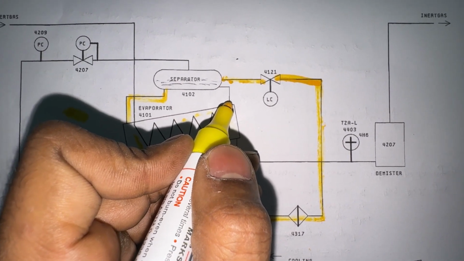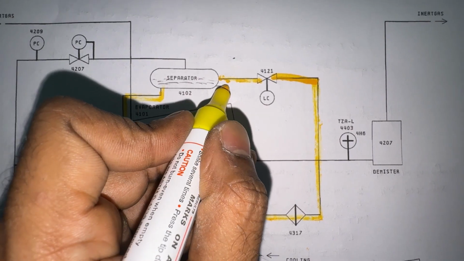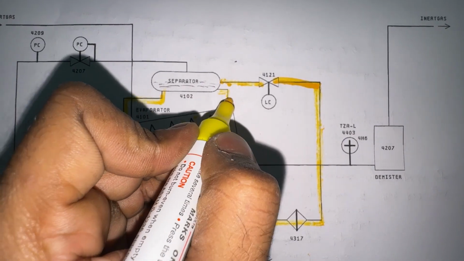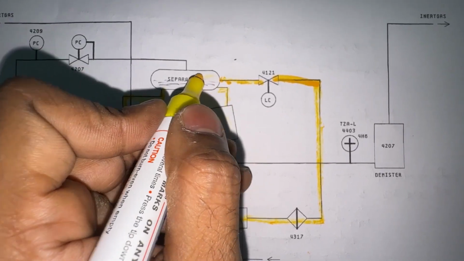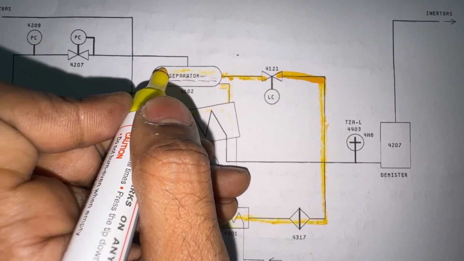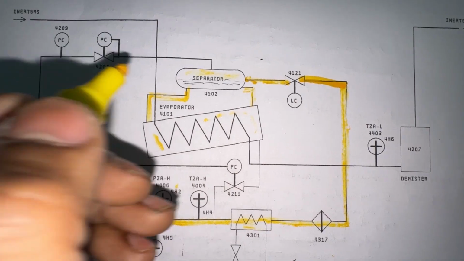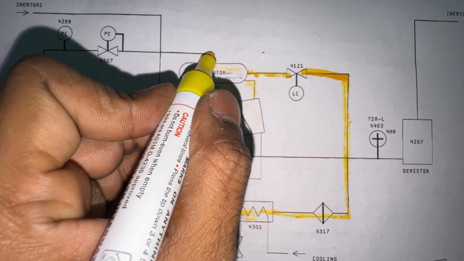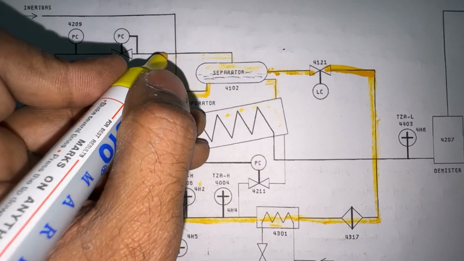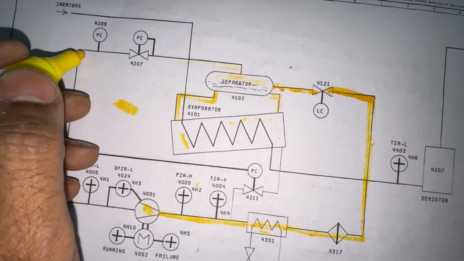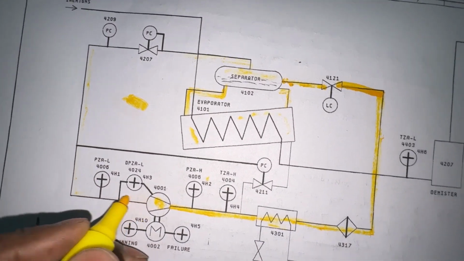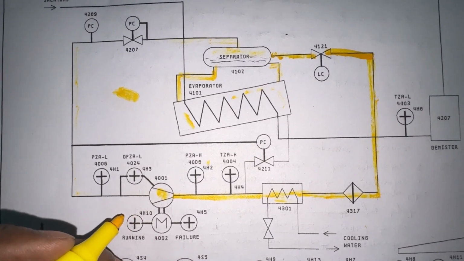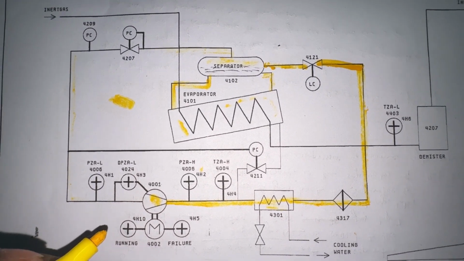So this R22 gas flows back to the separator and settles above the liquid in the separator, and this R22 gas flows back to the compressor, and this cycle repeats again and again.